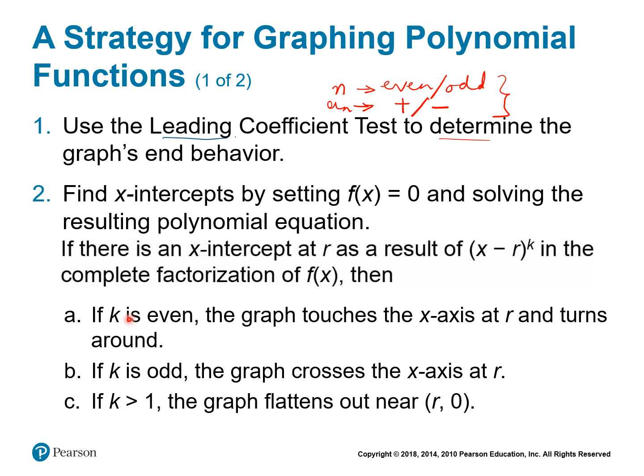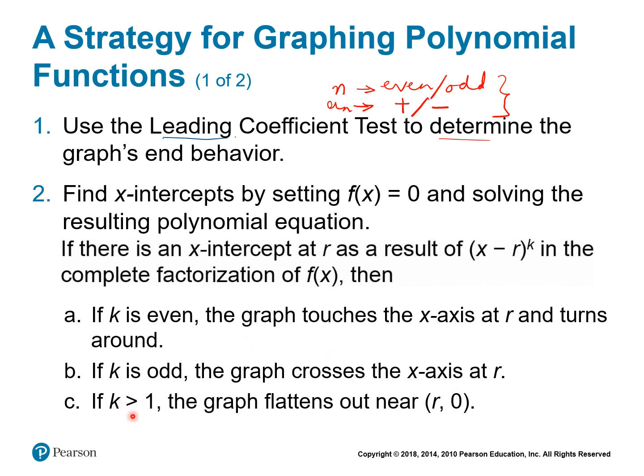If the multiplicity is an even value, that means if an x value is repeated an even number of times, then the graph will change direction, it turns around. If the x value occurs an odd number of times, then the graph crosses the x-axis, right?